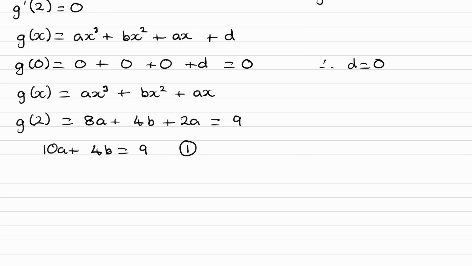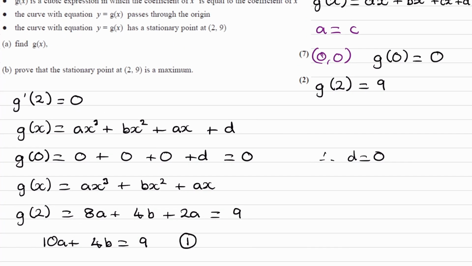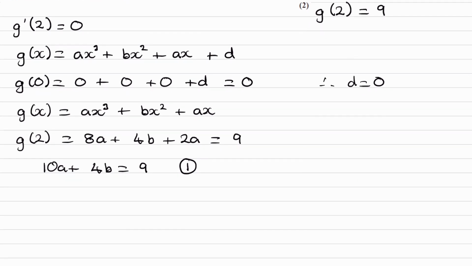We're going to have to find some other kind of equation that either tells us a or b, or involves a and b. And then for the final part of that bullet point, g of x has a stationary point at 2, 9. So that was this bit of information here, g prime 2 is 0. So we need to differentiate our function to begin with. So g dash x, differentiating what we have over here, will end up being 3ax squared plus 2bx plus a. We know that when we put in 2 into our differentiated function, we should get 0 coming out.